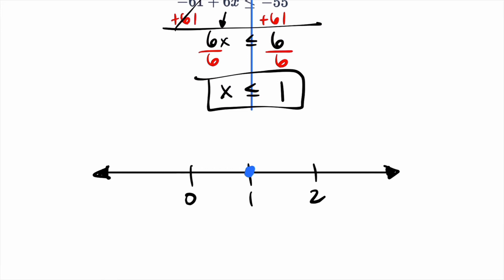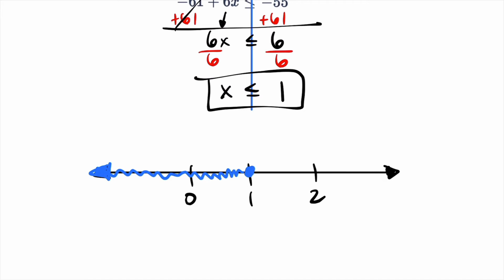So this says x is less than or equal to 1. Well, if x is less than or equal to 1, where is x? Where is it hiding? Over here, to the left. It's hiding to the left because it's less than or equal to 1. Somewhere over here, to the left.